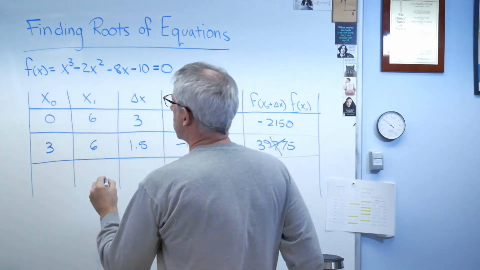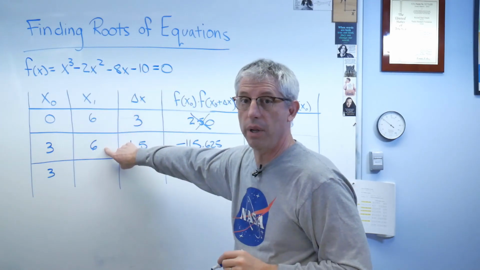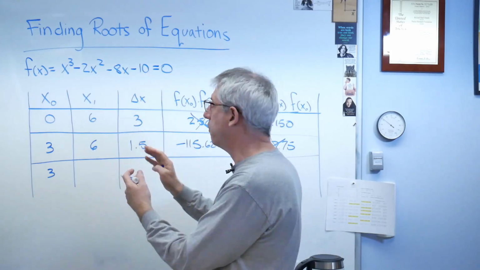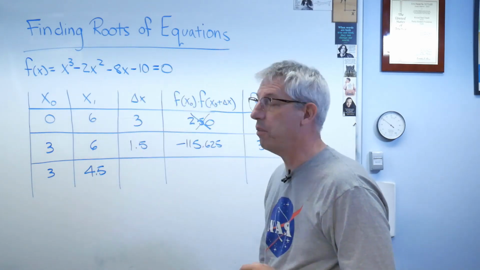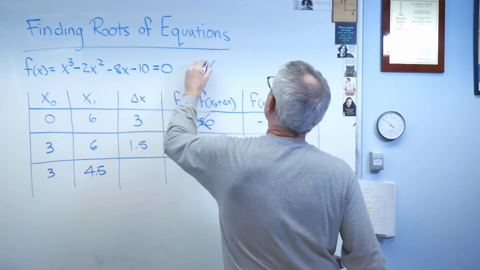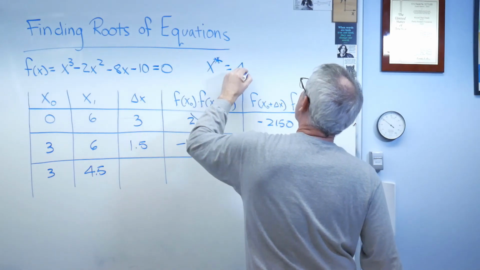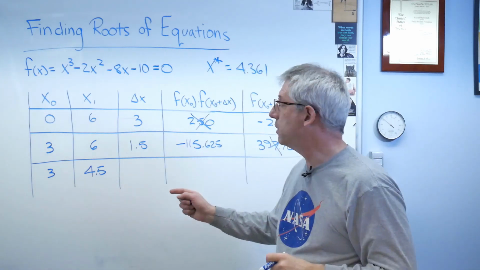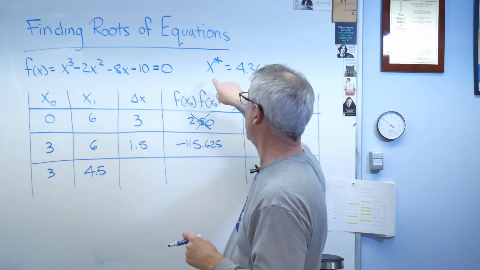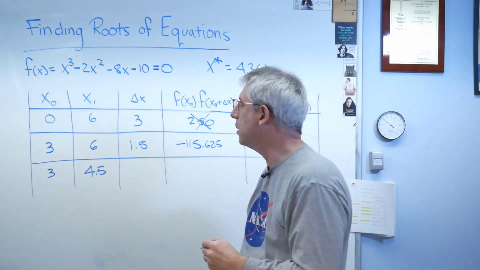So x0 is unchanged, x1 is changed. I've cut the range down from the other end. Now I know the answer is between 3 and 4.5. Just to remind you, I'll call the answer x star, and it is 4.361. We'll be able to check our calculations, because if I ever wind up with a range that doesn't include that, I know I've messed up somewhere.